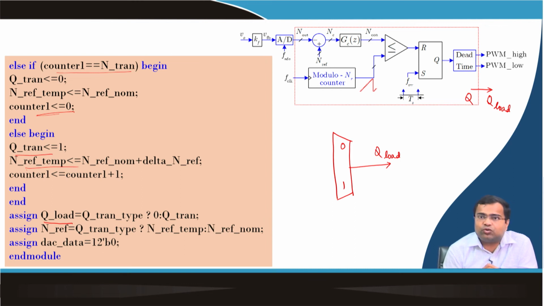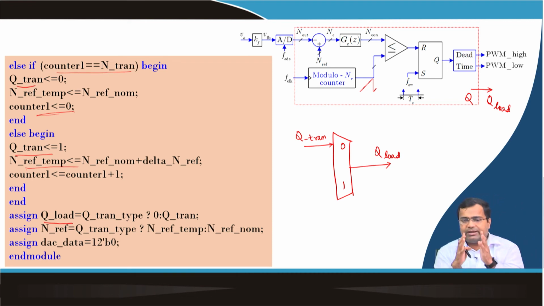If it is 0, then it will take Q tran. What is Q tran? It is a resistor. So, Q tran means for 50 cycles it will be 0, 50 cycles it will be 1. So, that means Q load will make a load transient and there is a select line, we will come to that. The rest it will be 0.